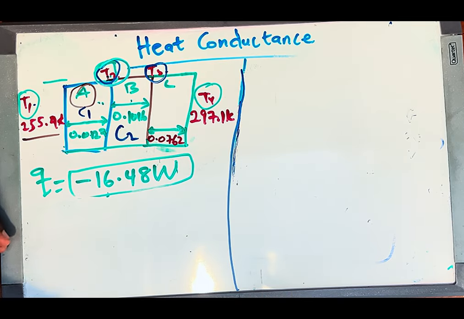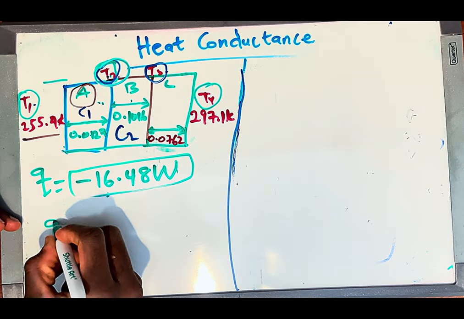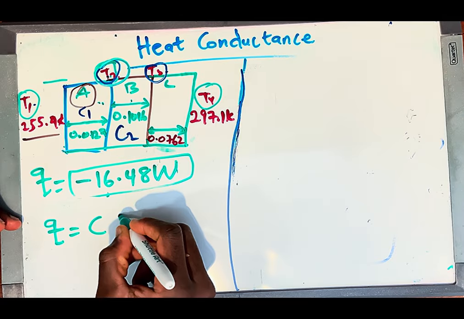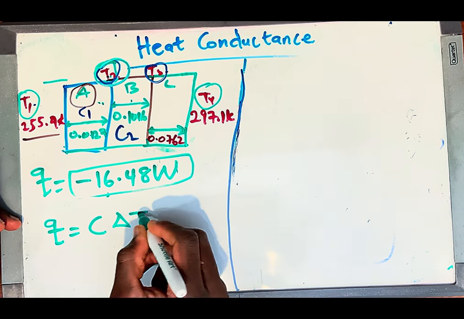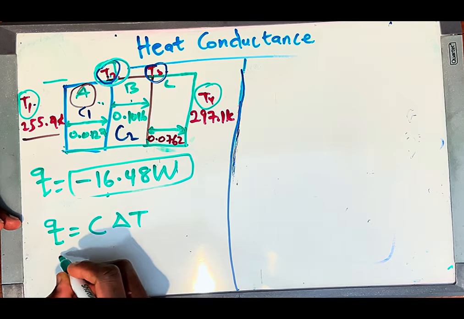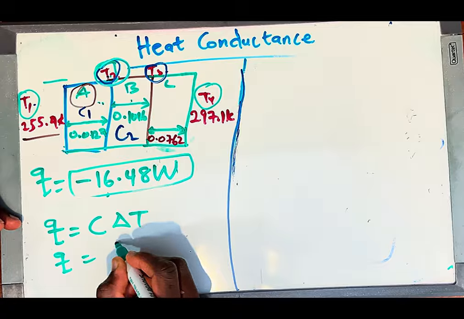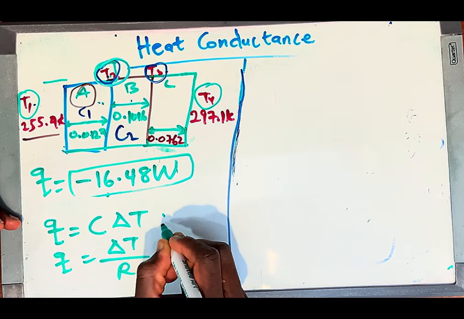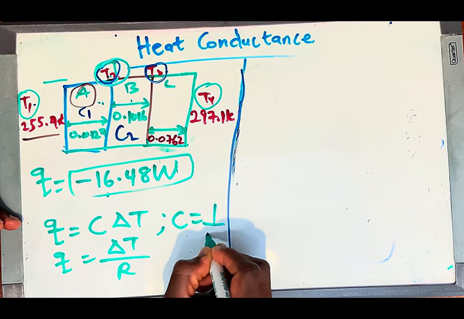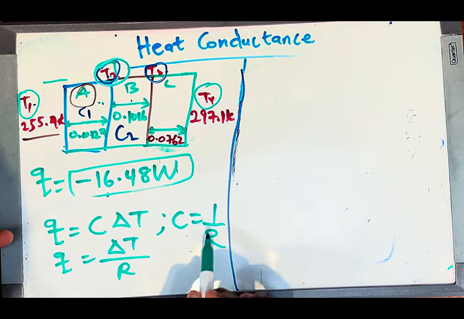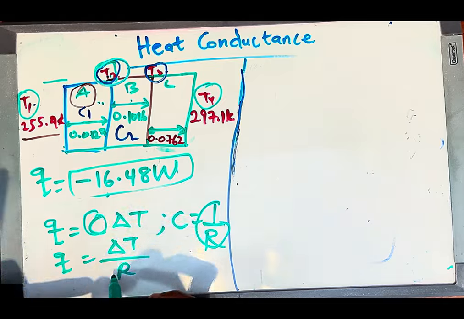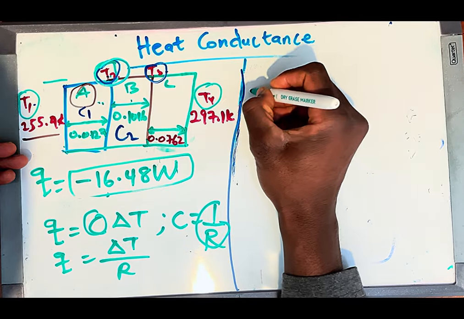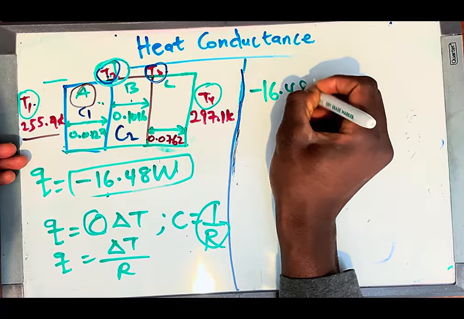So we know from this formula that Q is equal to C delta T, or you can write this same equation as Q equal to delta T over R. This is because we know that C is just the inverse of R. So I just replace this C with 1 over R. Good.